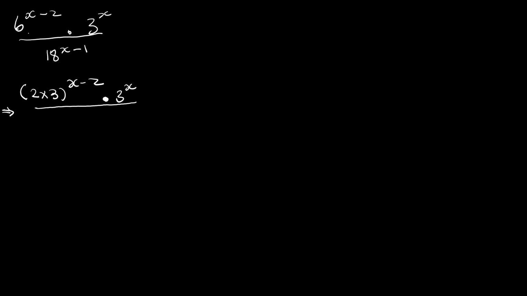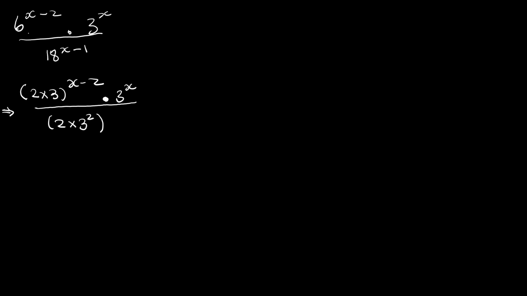So 18 we can write as 2 times 9, but the 9 is 3 squared, so we can write this as 2 times 3 squared. Guys, you don't have to struggle with this one. Please consult your calculator: when you type 18, equal sign, then press shift fact, you're going to get 2 times 3 squared.